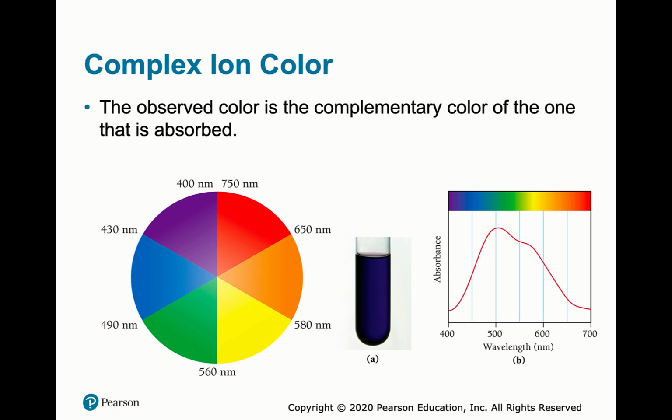Let's talk about some complex ion color here. Here you have a blue purple sort of color, and if you look at the color wheel, the absorbance should be at the opposite end, the yellowish end of the spectrum.